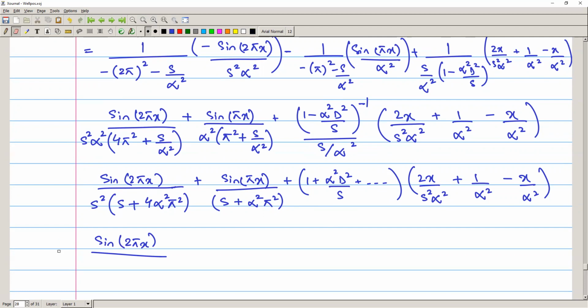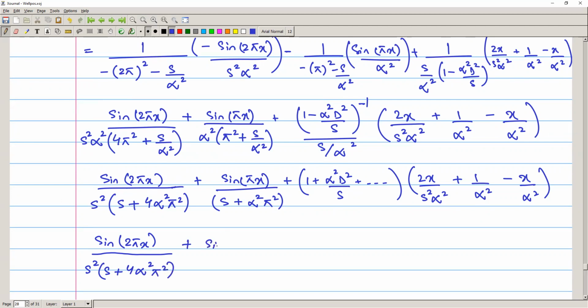So this is s squared times s plus 4 alpha squared pi squared, right?